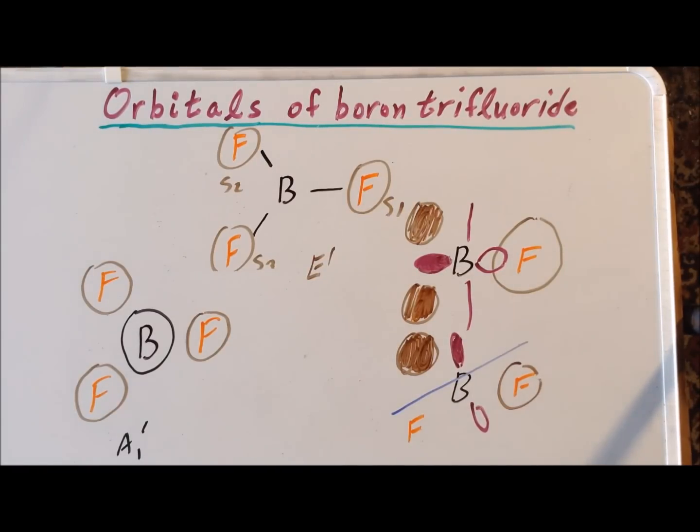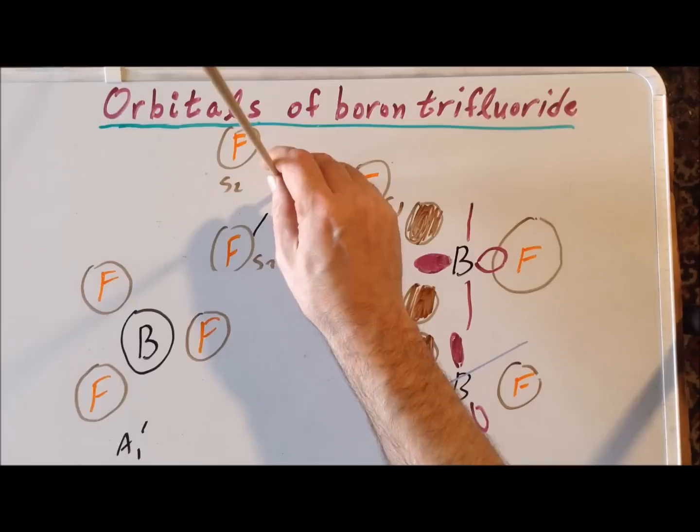So, we notice that on boron, we've used the 2s atomic orbital, we've used the 2px and the 2py, and we might imagine what happened to the 2pz orbital. Well, if we assume that there is only sigma bonding in boron trifluoride, then there is no combination that will interact with pz, and pz, we would imagine, will stick perpendicular to the board.